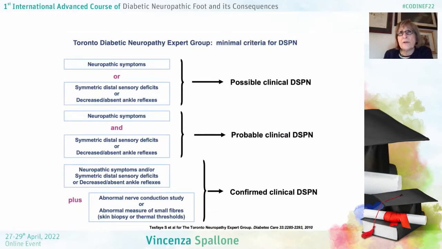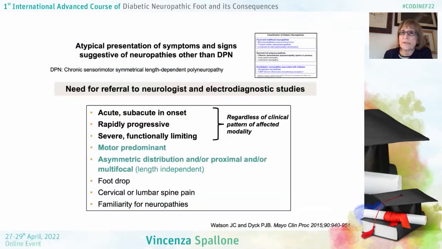But the recommendation by the Toronto Consensus considers also symptoms and signs to obtain a first level of certainty in diagnosis: possibility with symptoms or signs, probability with both, and confirmed diagnosis when symptoms or signs are confirmed by an instrumental study such as abnormal nerve conduction or a skin biopsy or thermal thresholds.